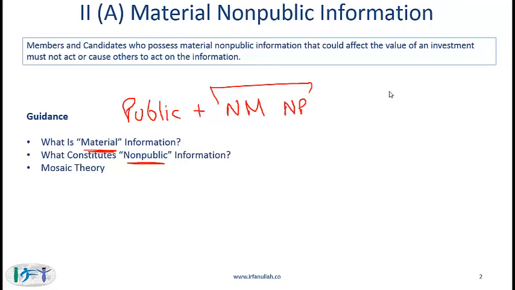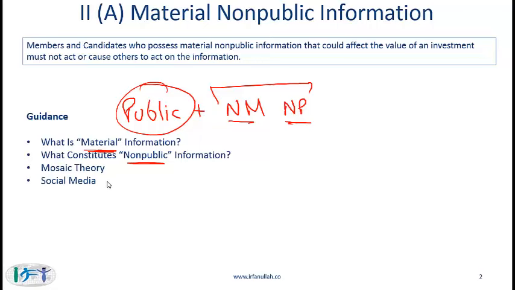Now, the information that he gathered from the retail outlets would be classified as non-material, non-public information, because what he gathered after speaking with the retail outlets is not really public information, but that information in and of itself is not material either. So the key point is that research advice or investment decisions based on public information and non-material, non-public information is appropriate.